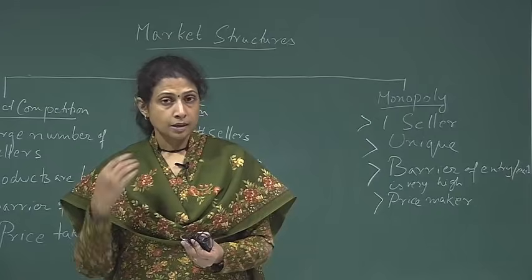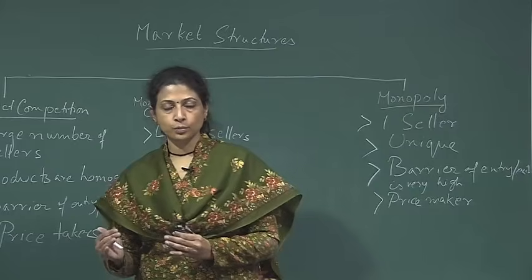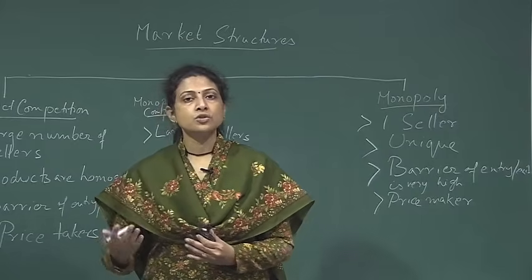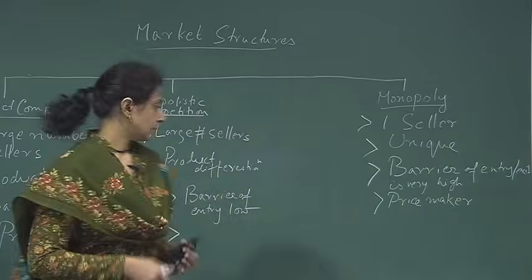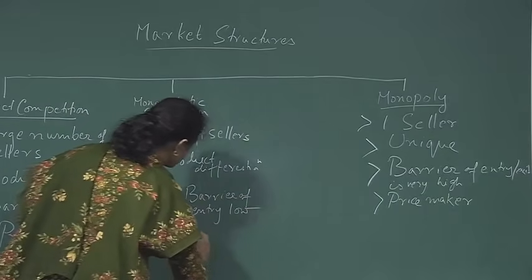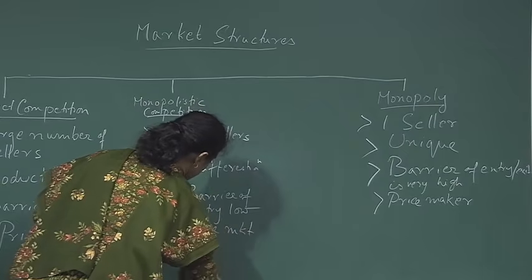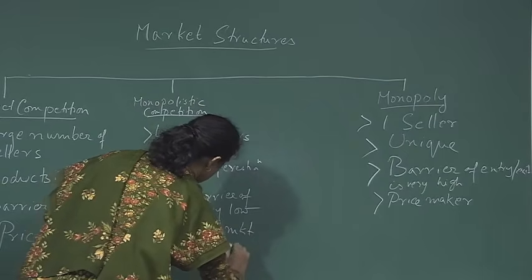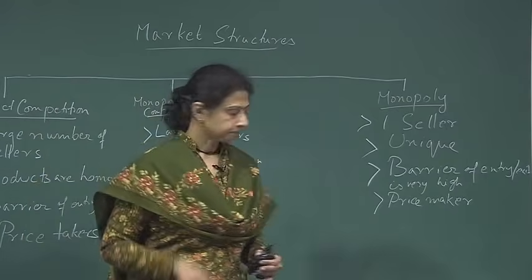But even then, since the products are substitutable at the end of the day, they cannot change the price too much. So this is a situation where the seller has some market power.